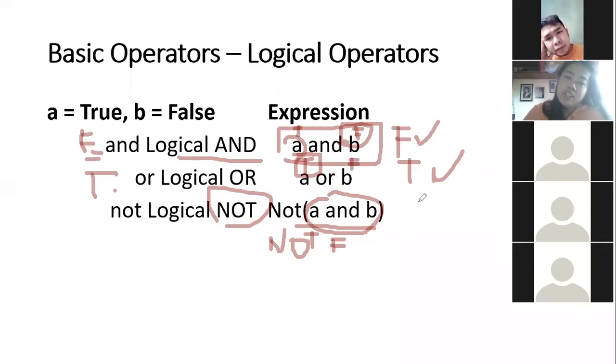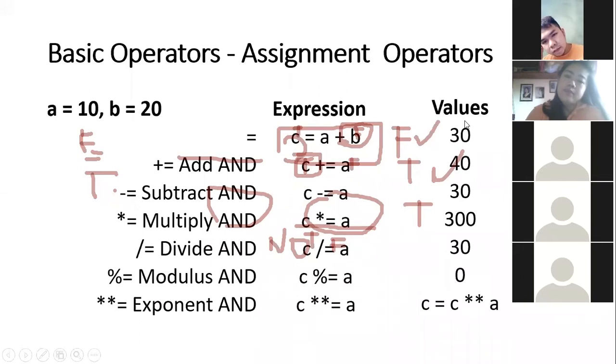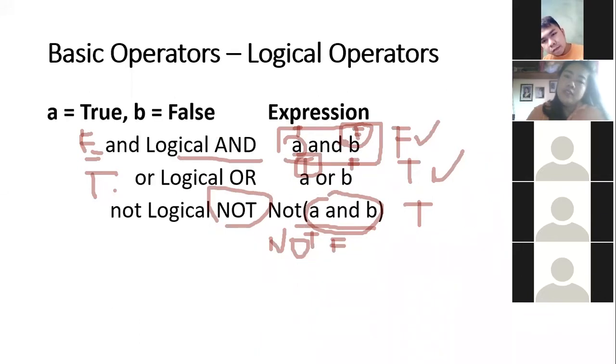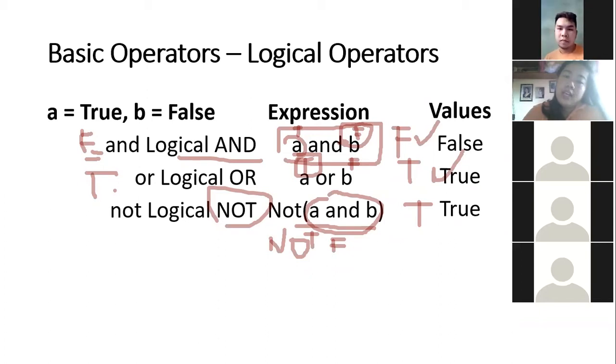True. Okay. So, A and B, true and false is false. True or false is true. Pag nasa parenthesis, you get the value of the parenthesis first. That is false. And then, not false is true.